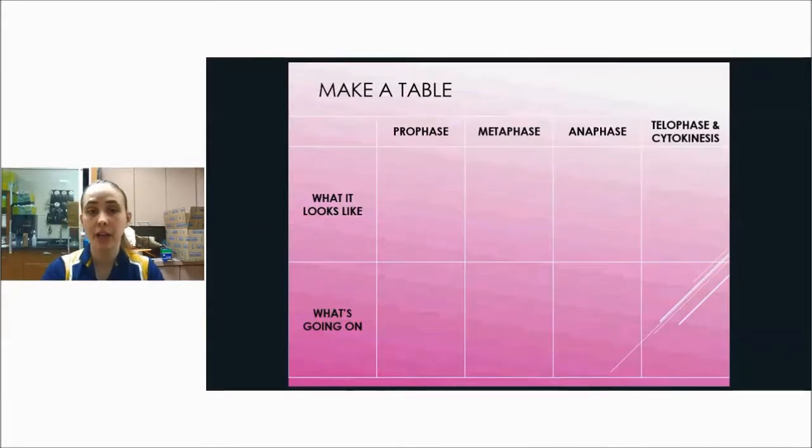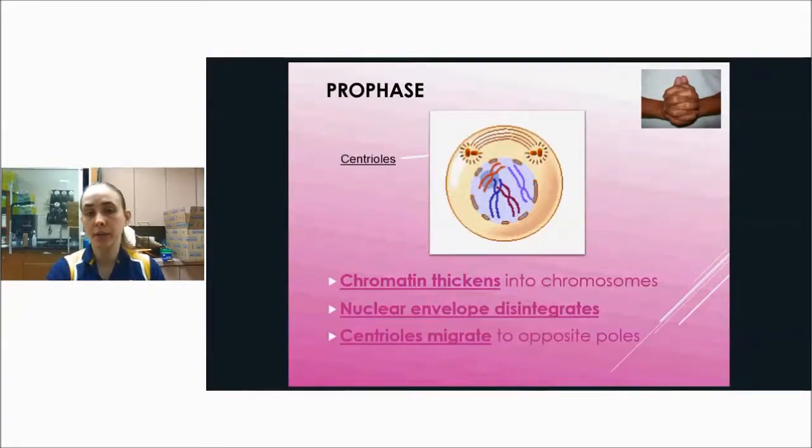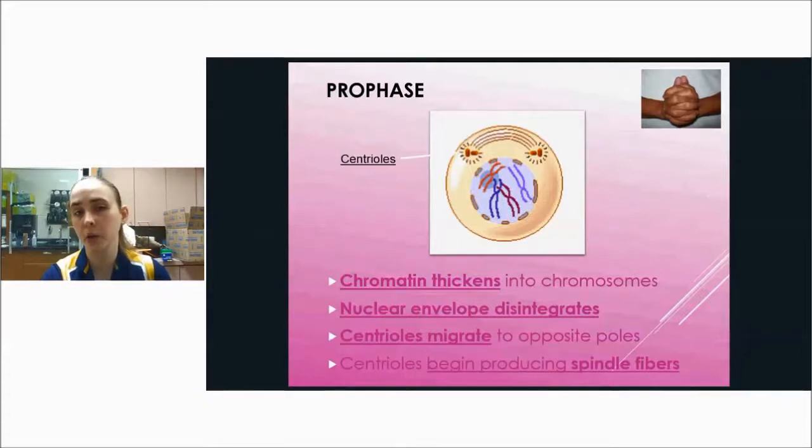Prophase is when the chromatin thickens into chromosomes, the nuclear envelope disintegrates, and centrioles migrate to opposite poles, and they start making the spindle fibers. So the centrioles are the two little pairs of yellow organelles there, and the spindle fibers are the strings that are coming from them.